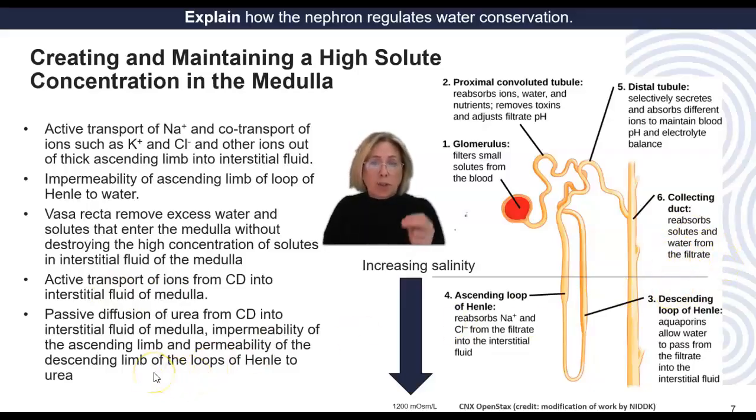And passive diffusion of urea from the collecting duct into the interstitial fluid of the medulla. And then those structural areas of the loops of Henle, so the impermeability of the ascending limb and the permeability of the descending limb of the loops of Henle to urea, all create and maintain that high solute concentration in the medulla, which allows us to concentrate our urine.